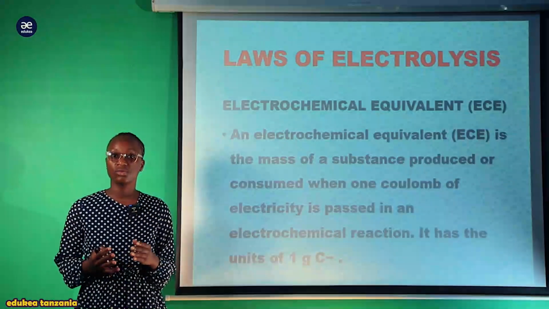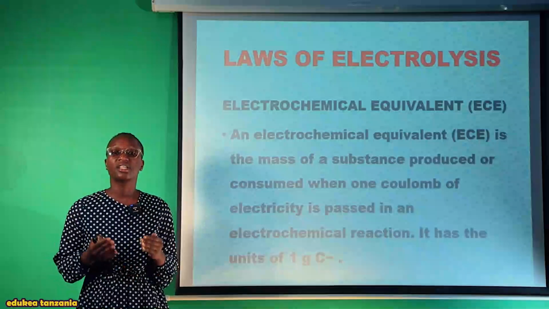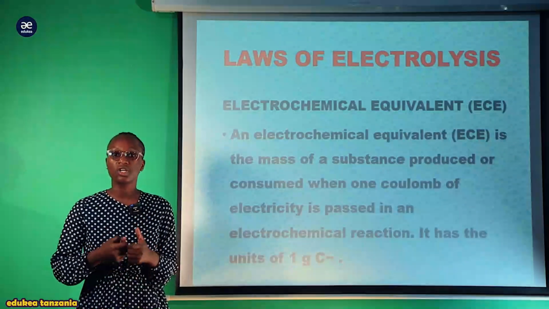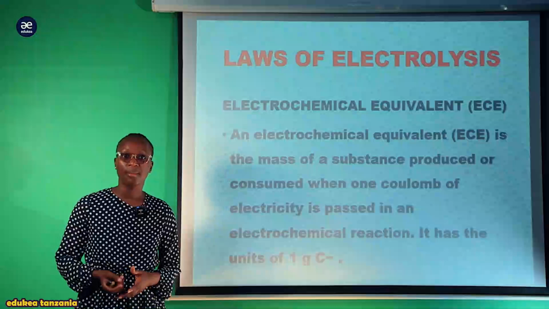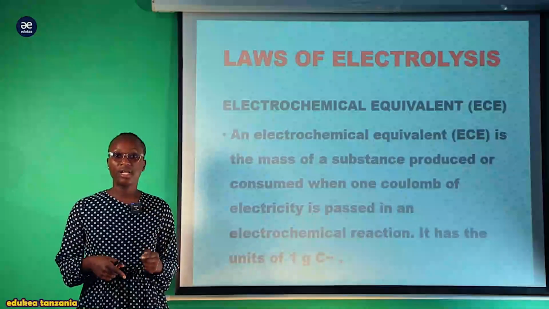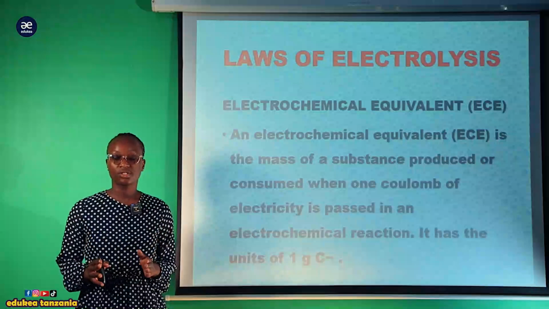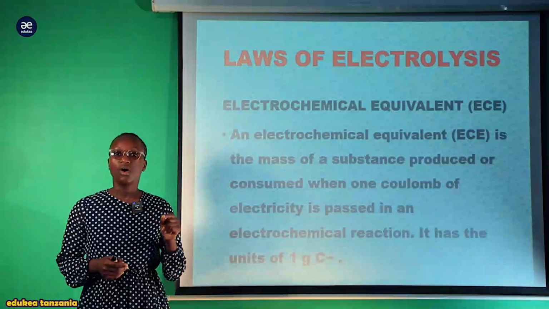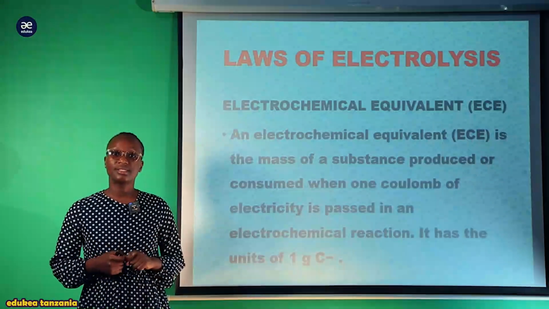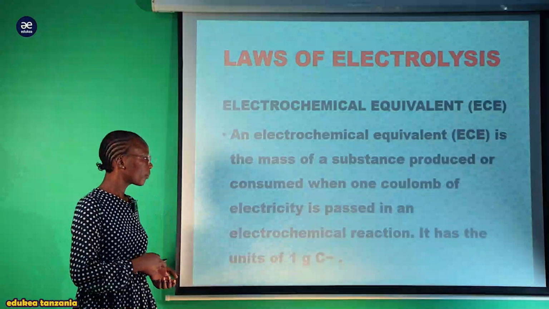The electrochemical reaction we are talking about here occurs in an electrolytic cell, where we have an electrolyte or molten solution through which current will pass. We also have 2 plates or electrodes, which are the cathode electrode as well as the anode electrode.